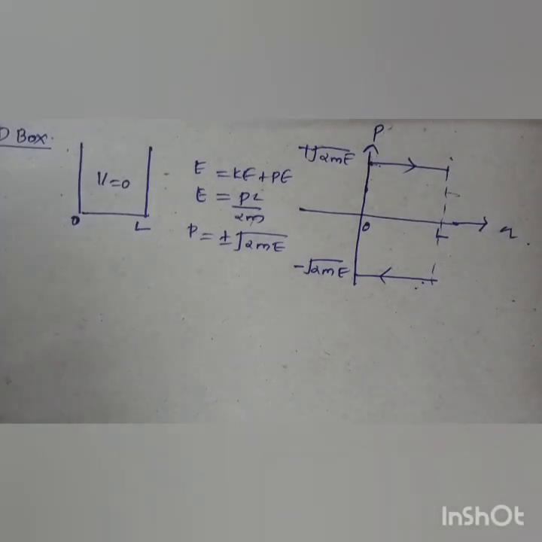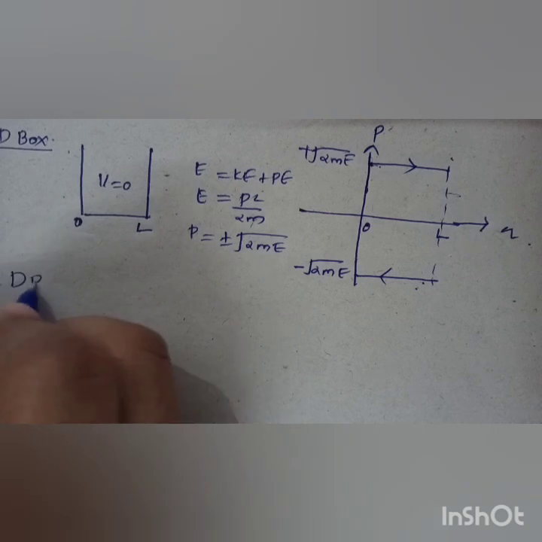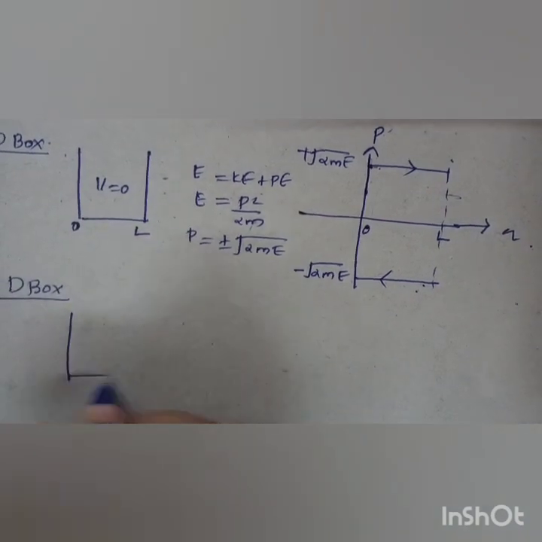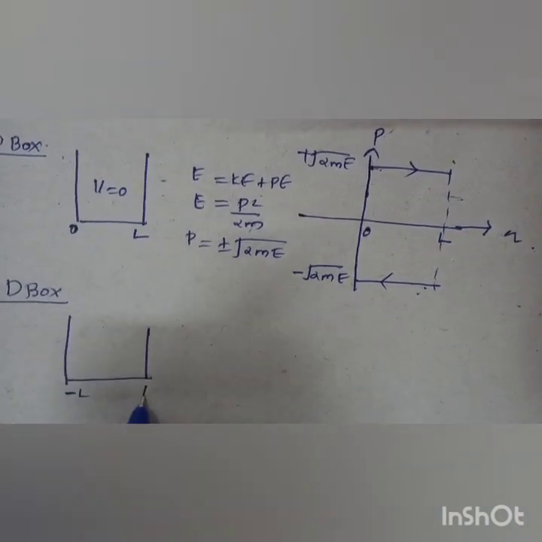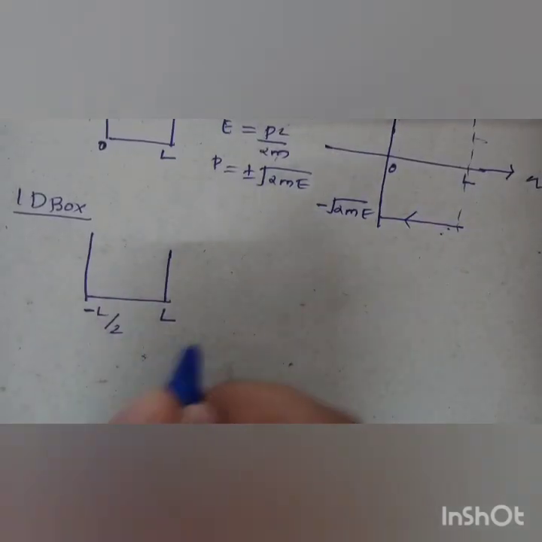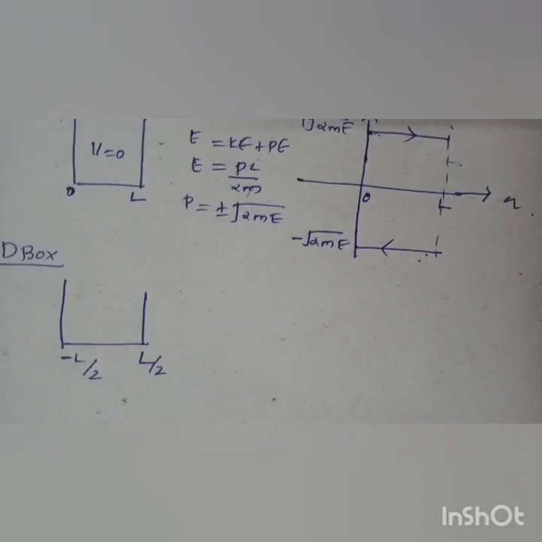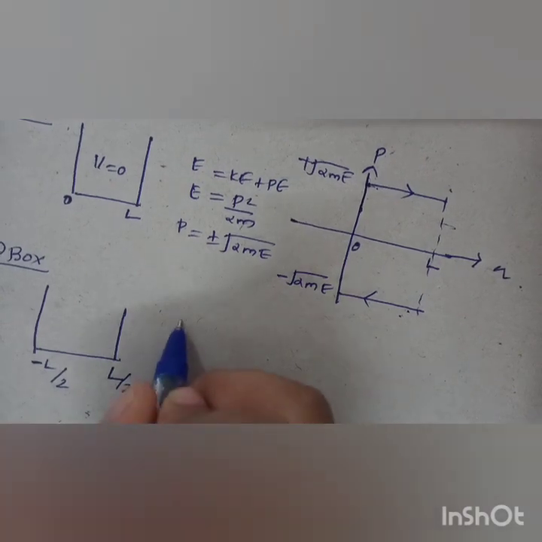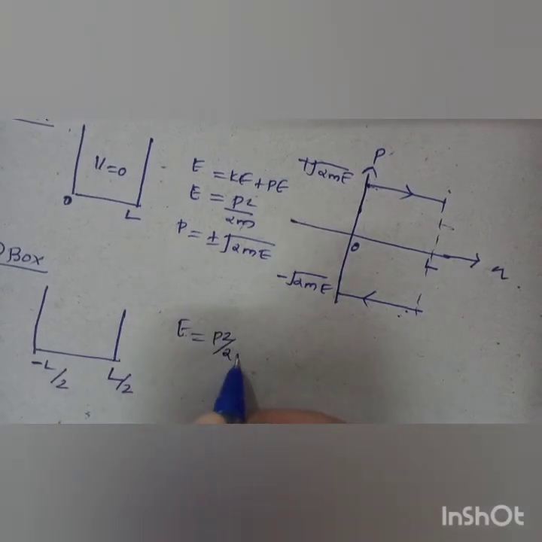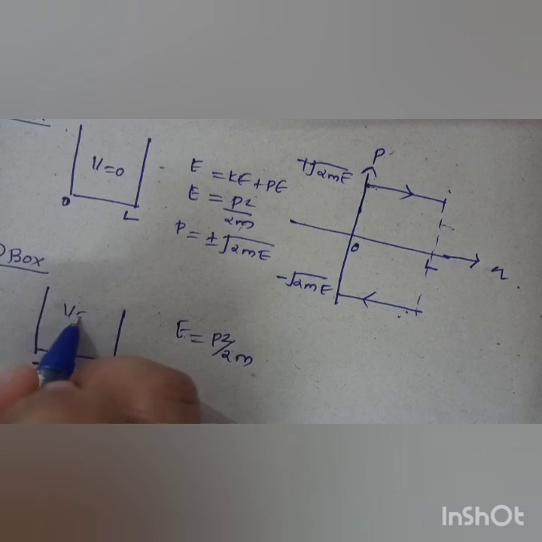Next, we have to find the phase space for a one-dimensional box from minus L to plus L. Here we can also take it as minus L by 2 to plus L by 2. Here also energy is equal to p square by 2m, because the potential energy inside is equal to 0.